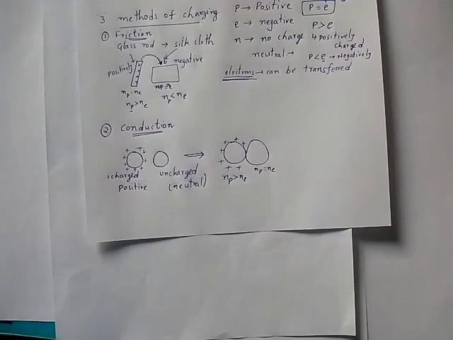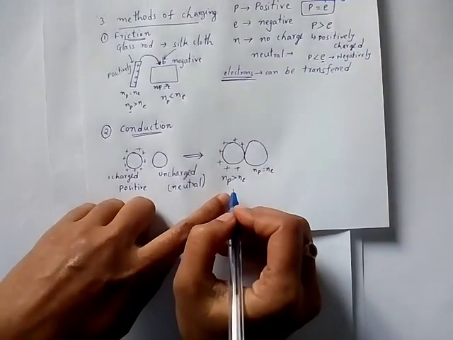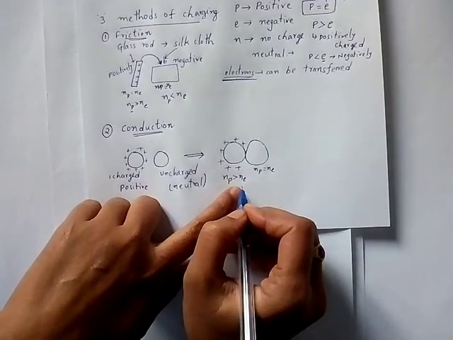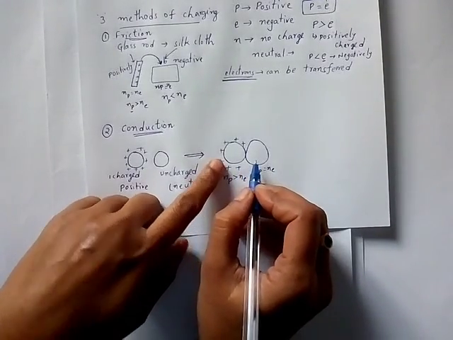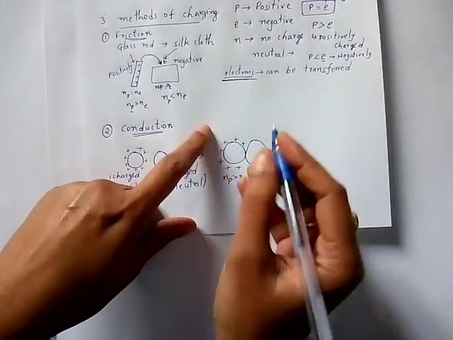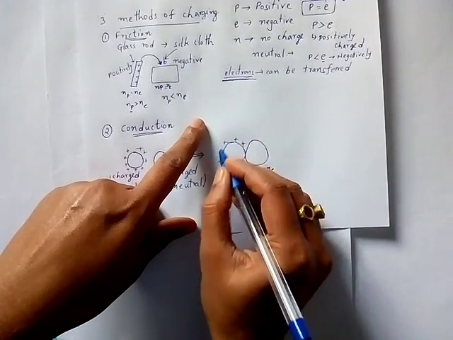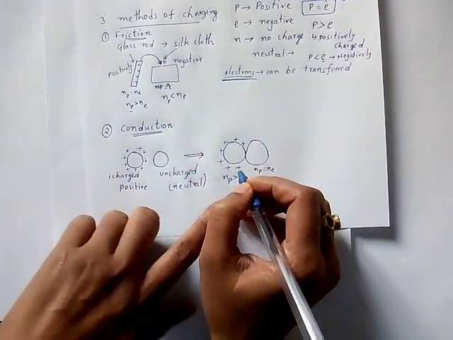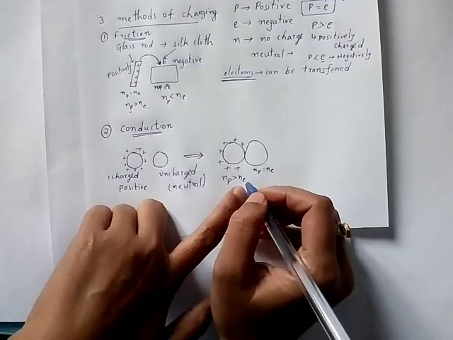When these two are in contact, they are touching each other. So here it has excess protons, meaning the protons number is greater than the electrons number.